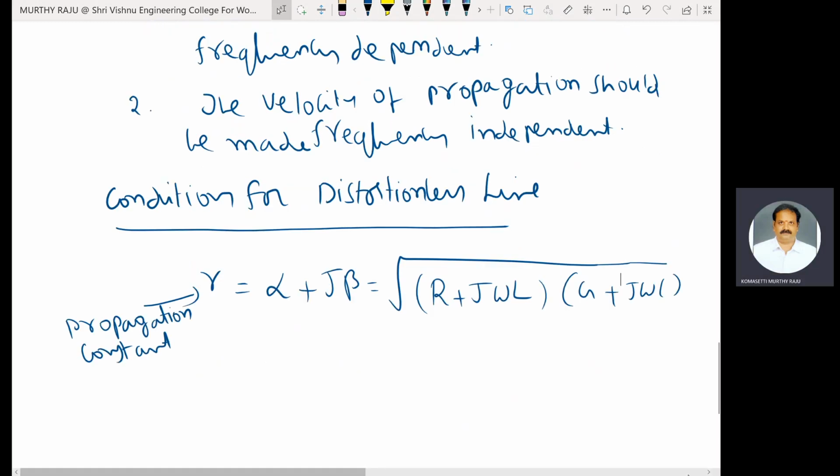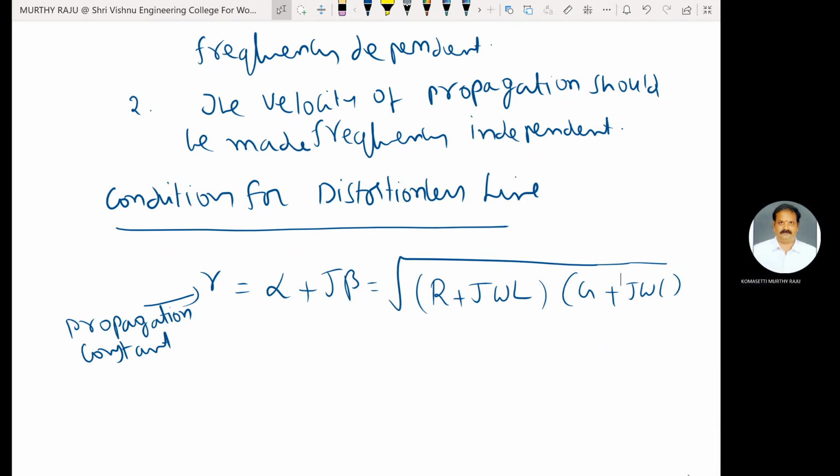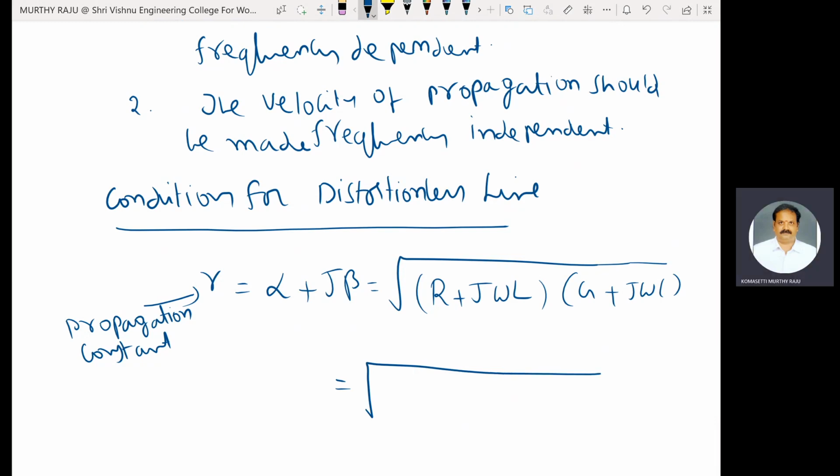In order to obtain a distortionless transmission line, R is a common term here: R into (1 plus j omega L by R). Here G is a common term: G into (1 plus j omega C by G).